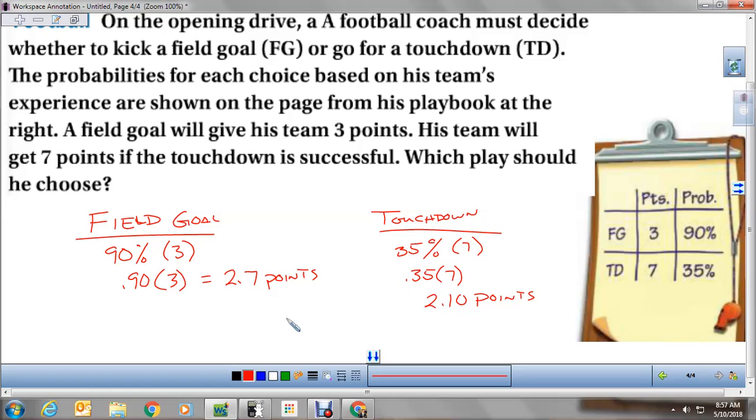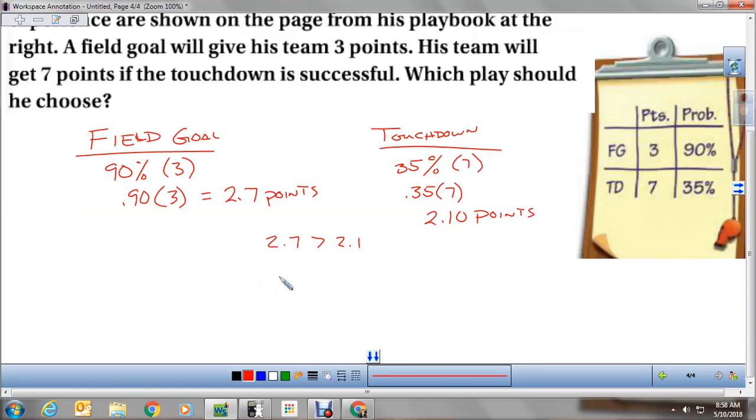So since 2.7 is much larger than 2.1, and this is going to be the field goal, then kicking the field goal is the best option. Okay, so that's just kind of common sense. You look at these two numbers, you got more points for this than this, so it's best to just take the points. And that's why most of the time it's important to get points on the board, so we just kick the field goal.